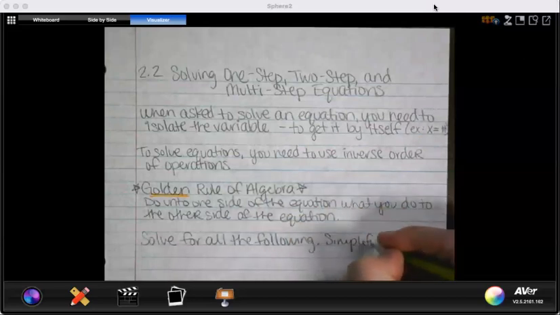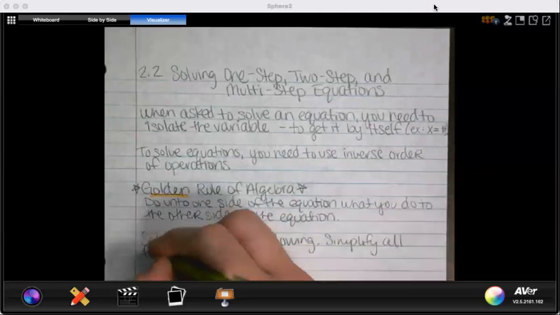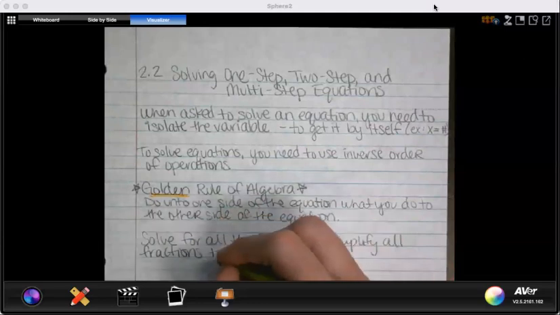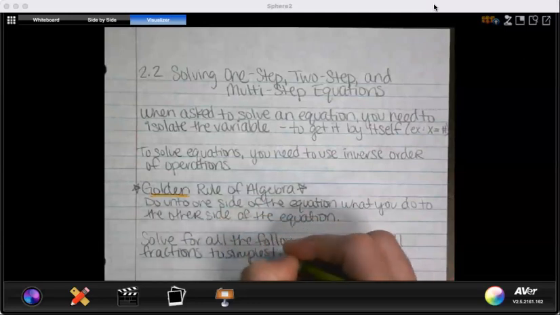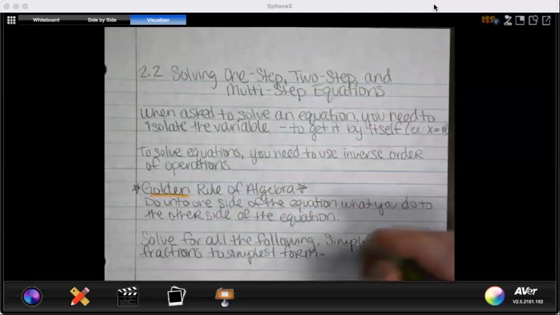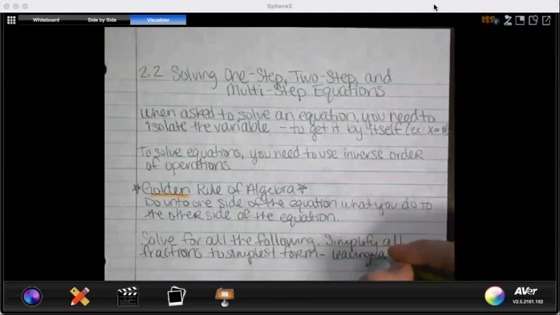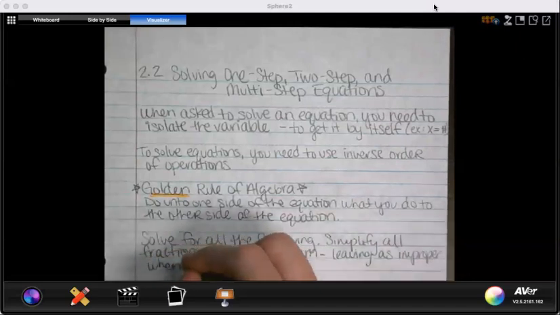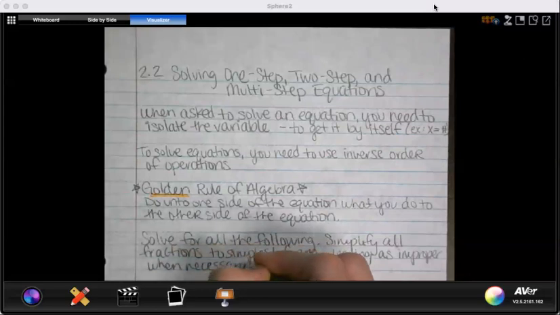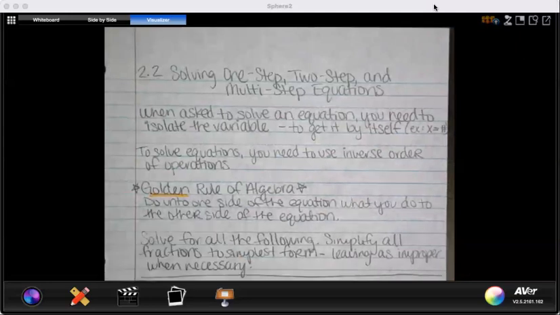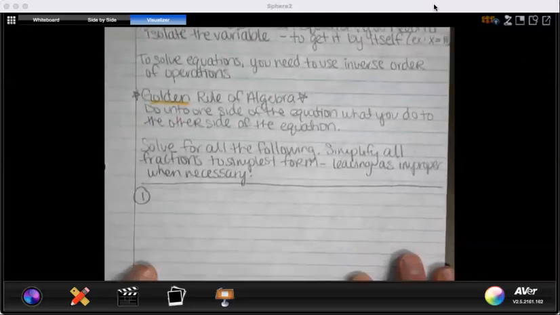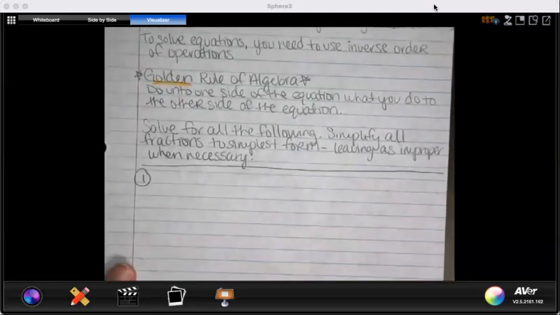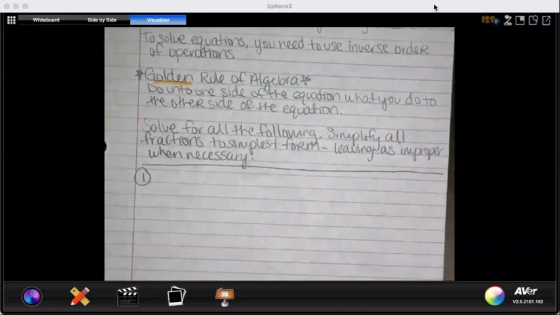Simplify all fractions to simplest form, leaving as improper when necessary.